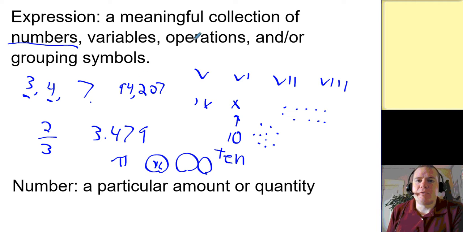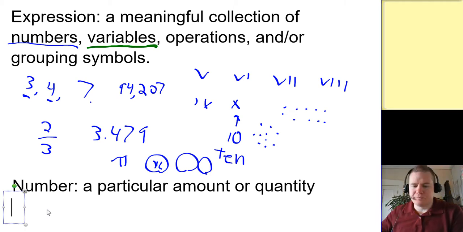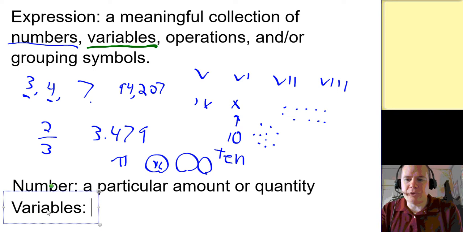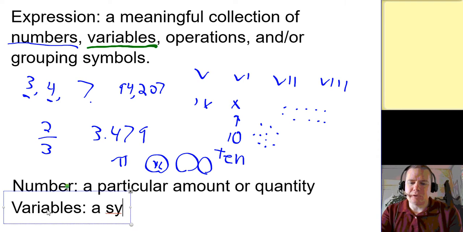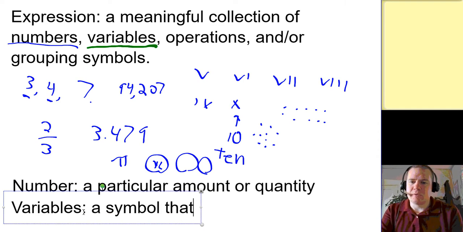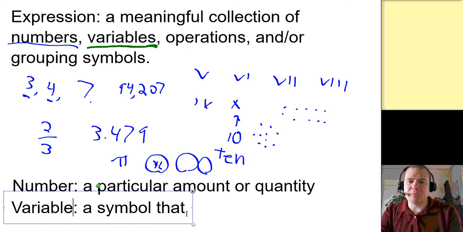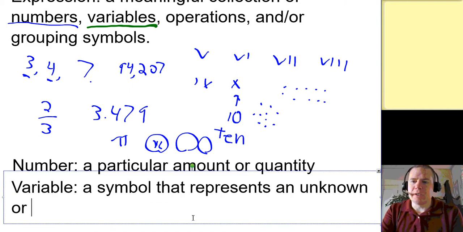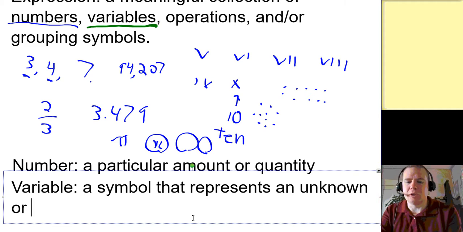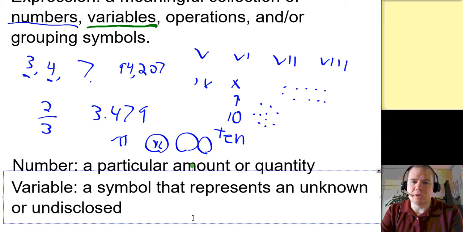All right, next, variables. Well, variables, my definition might be slightly different than what you're used to, but a variable is a symbol that represents an unknown, or, and this is what makes my definition maybe a little unique, or undisclosed amount.